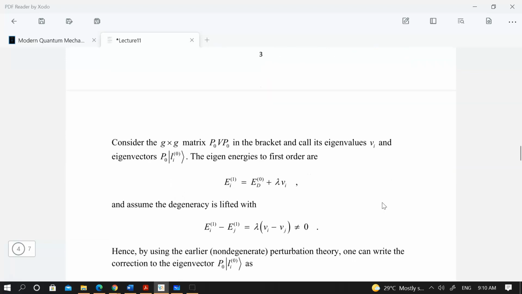So in the end, what we need to find is this first order eigenenergies corresponding to this thing. And what is this Vi here? Vi is the eigenvalues of your perturbing potential inside the degenerate subspace. Okay, but now using the fact that we are using a different basis.